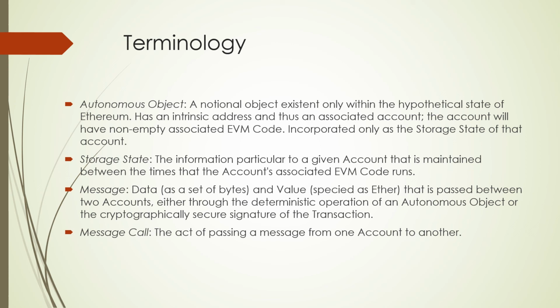The account will have non-empty associated EVM code, which is code that will be executed on the Ethereum virtual machine, incorporated only as a storage state of that account. A storage state of an account is basically the information particular to the account that is maintained between the times that the account's associated EVM code runs.